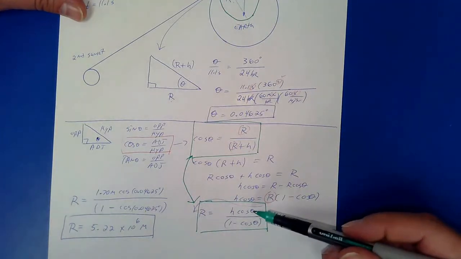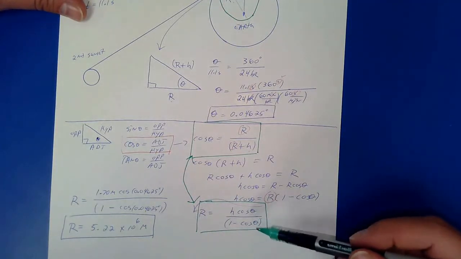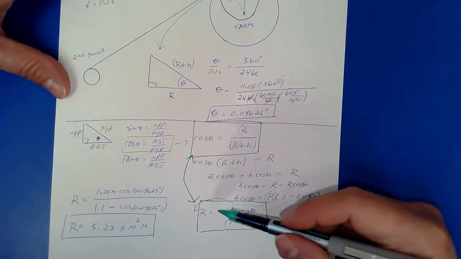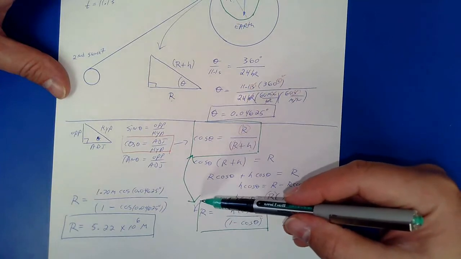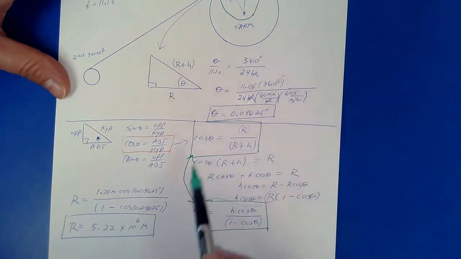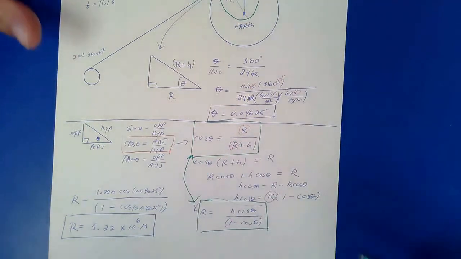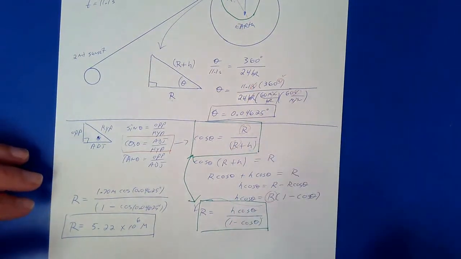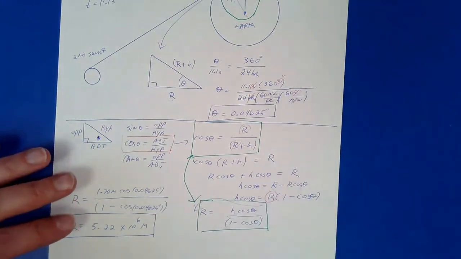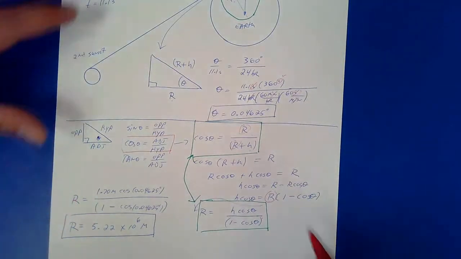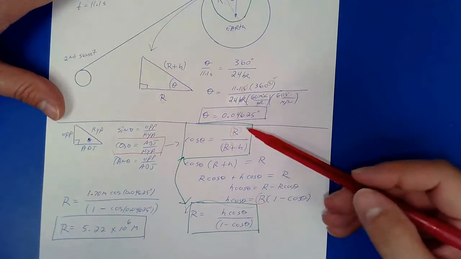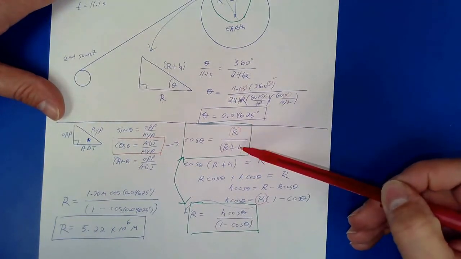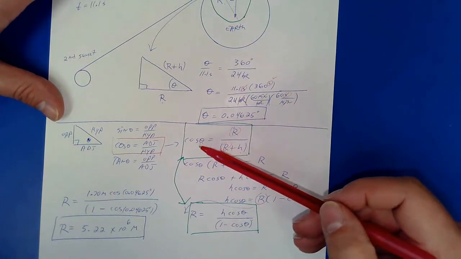It does have the angle in two places, but if you wanted to get the angle in only one place, go to this equation. At this point, though, it's just algebra to solve for these things. One thing you need to remember is, let's say I did give you r and height, and I wanted you to solve for the angle.